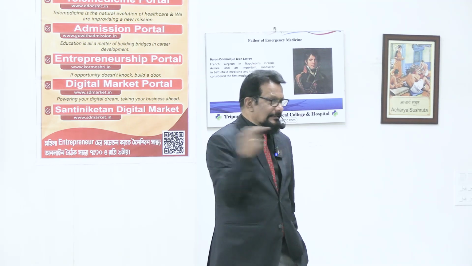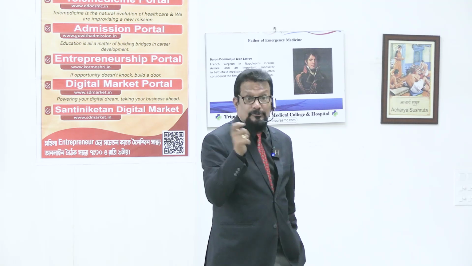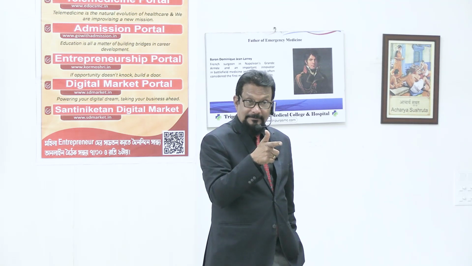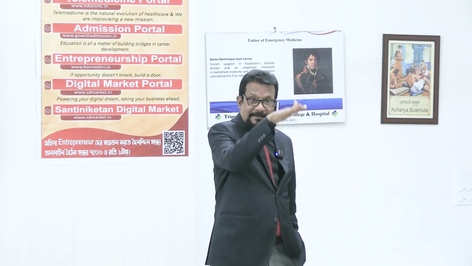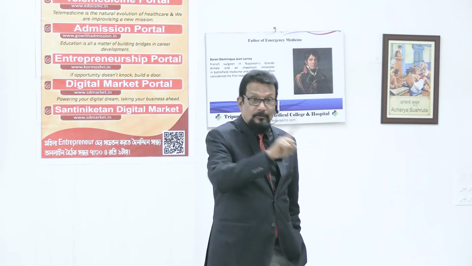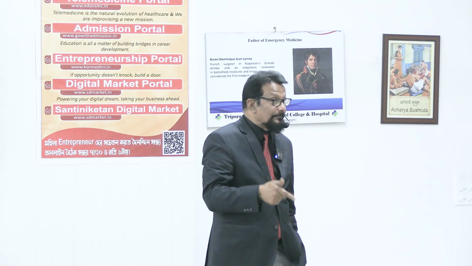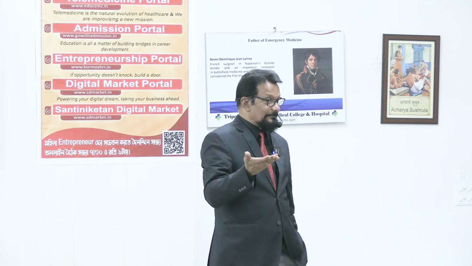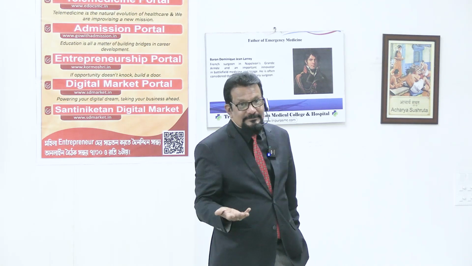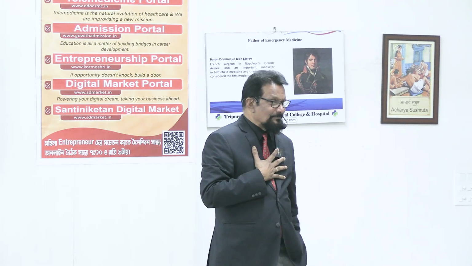When you repeatedly provide suprathreshold stimuli, the resting membrane potential will not be minus 70 millivolt, it will be minus 80 or minus 90 millivolt. So now it is less excitable. It is for our good only.